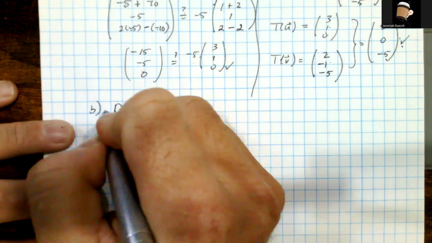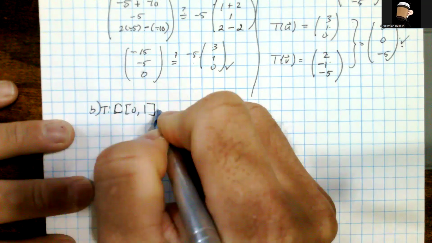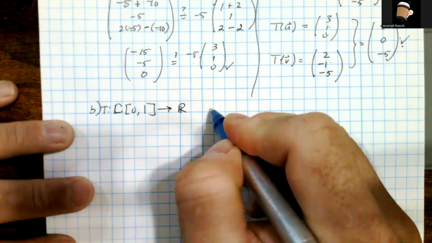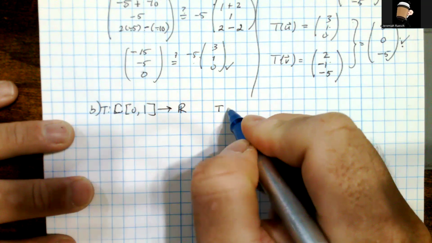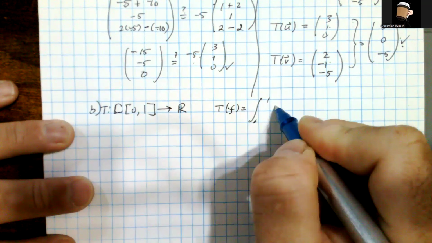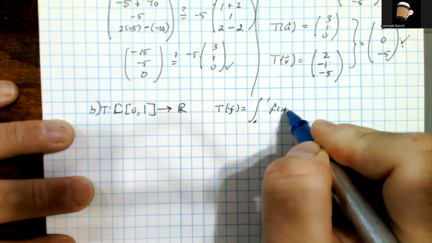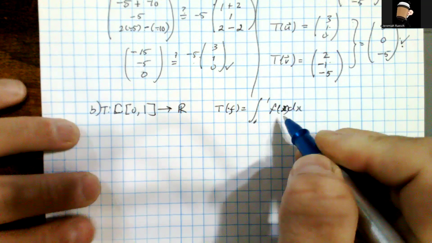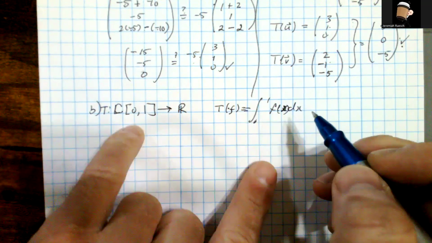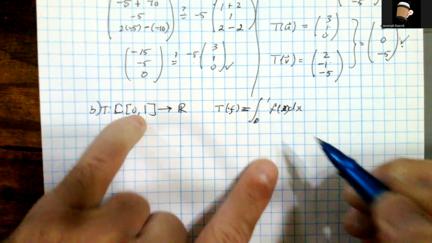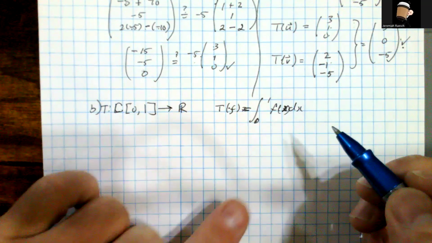So our transformation was from this interval to the real numbers, and it was defined by T of f equal to the integral from 0 to 1 of f of x dx. In other words, a continuous function on the interval from 0 to 1, we integrate it, and that gives us the area under the curve, which is a real number.